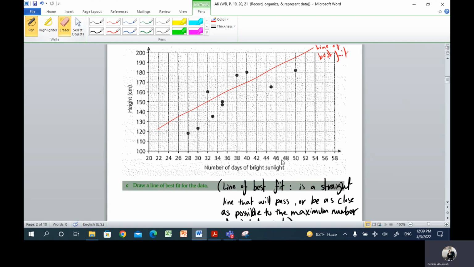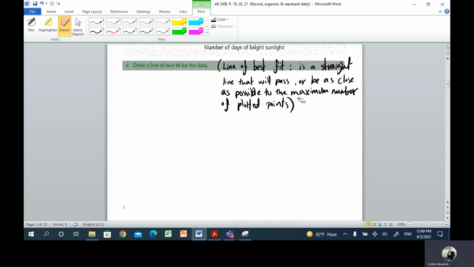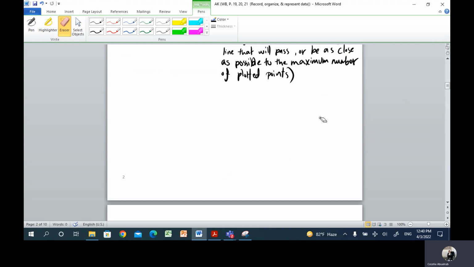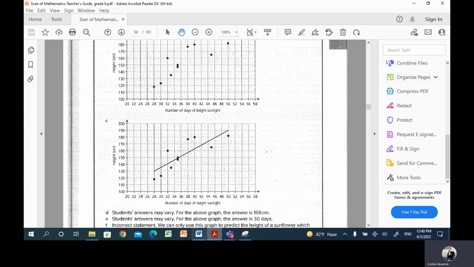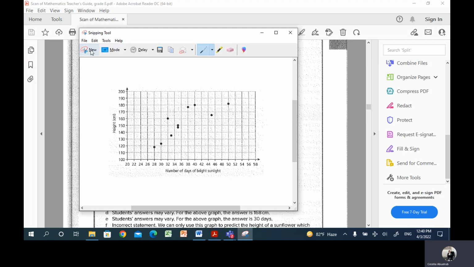Let me just erase this. So this is the scatter graph. And in order for any scatter graph to be completed, you must draw the line of best fit. And the line of best fit in this case will be as follows.